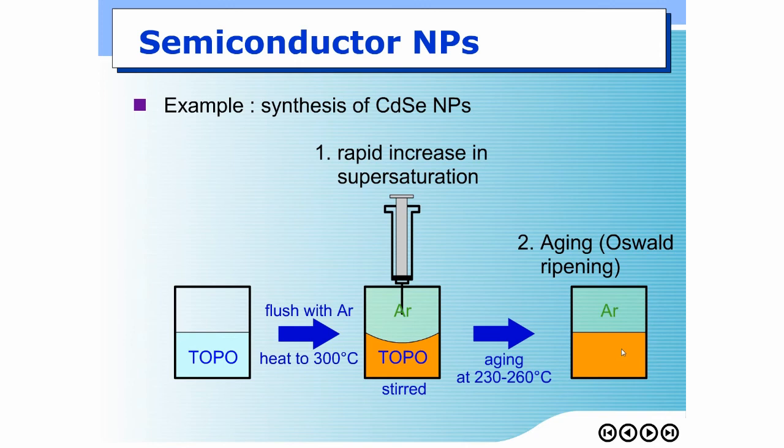In lecture 2, we said for Oswald ripening, the large particles would grow in expense of small particles, because the smaller the particles, the higher the solubility. So cadmium selenide dissolve from small particles and redeposit on large particles. Remember, eventually the small particles will be consumed.